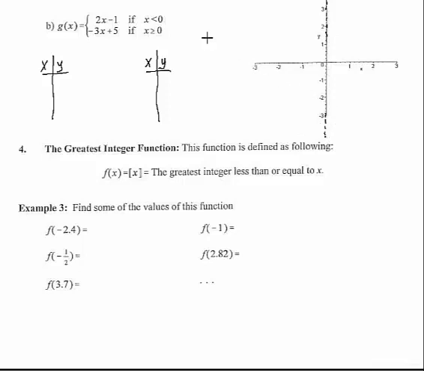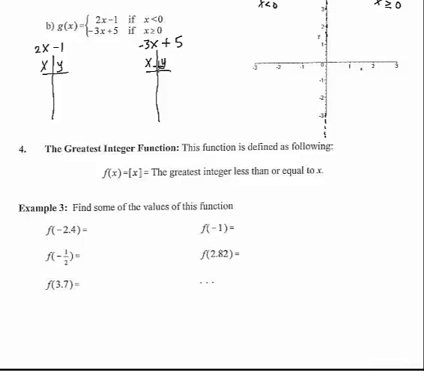Okay, so x less than 0, that is this left side, and x greater than 0 is the right side. Okay, so over here I want to use 2x minus 1, and on the right minus 3x plus 5.